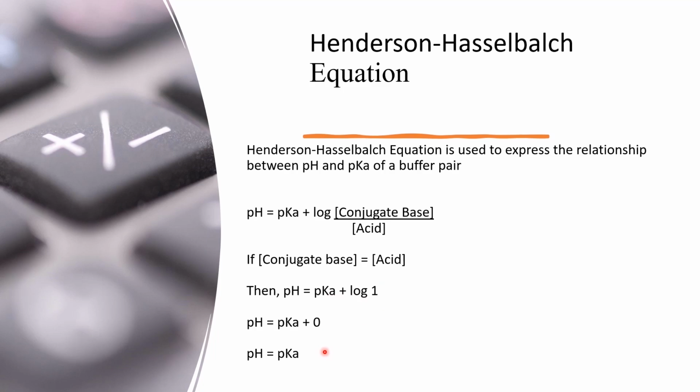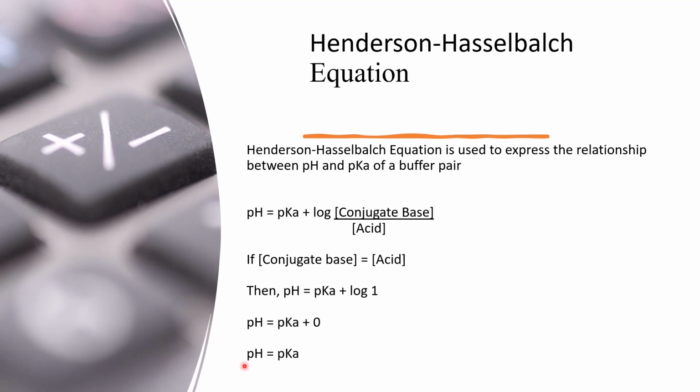In summary, when the concentration of the conjugate base and the weak acid are the same, you are more likely to get a situation where the pH is equal to the pKa of the solution. This is the perfect situation where you want your buffer system to be, because a buffer system will work best when the pKa of that buffer system is equal to the pH of the solution, the human blood in this case.